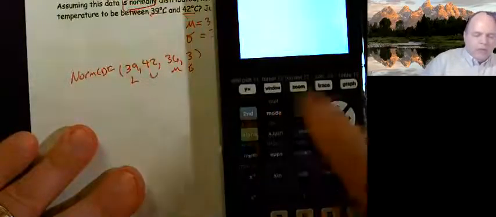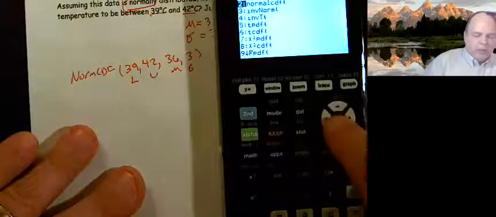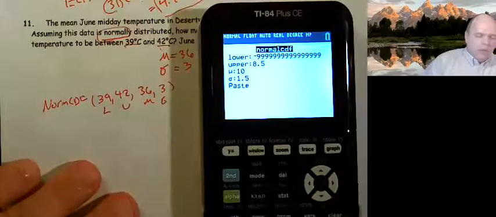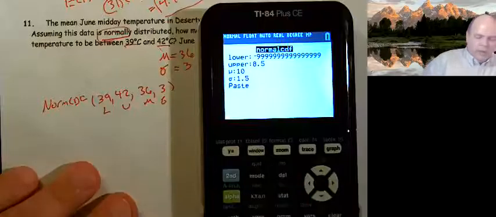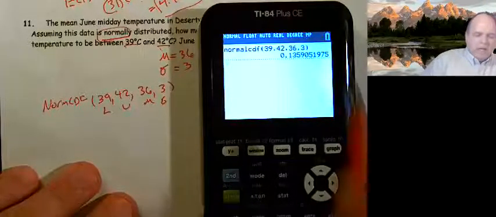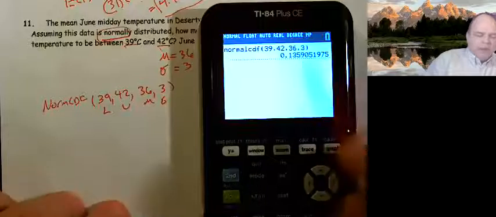Now when I do this, all I'm calculating is my probability. So second vars, norm CDF. My lower bound is 39. My upper bound is 42. My mean is 36, and my standard deviation is 3. And I end up getting 0.1359.